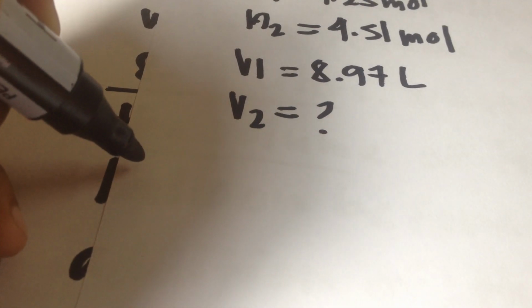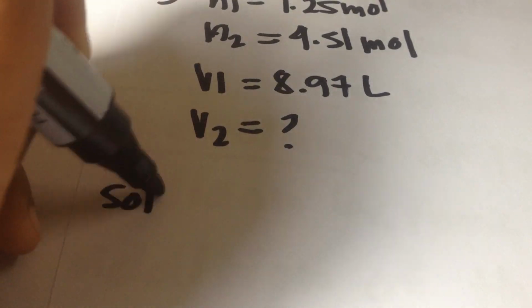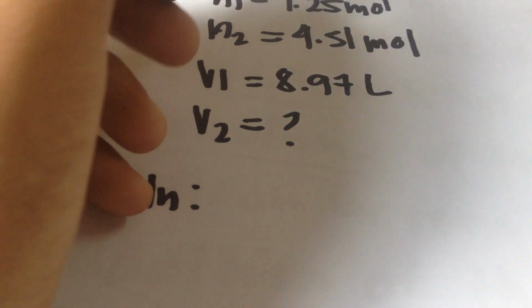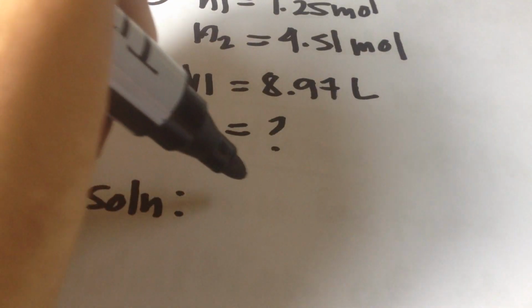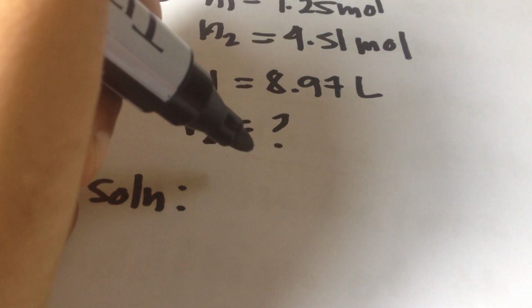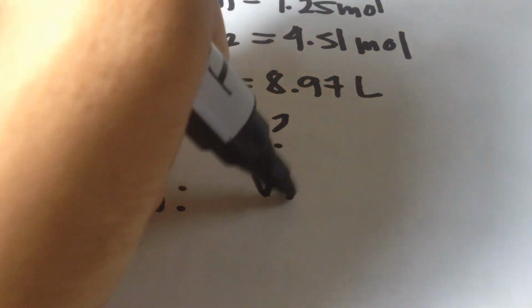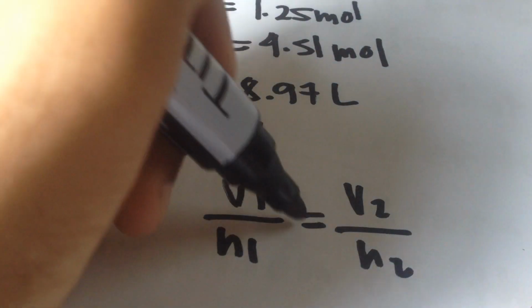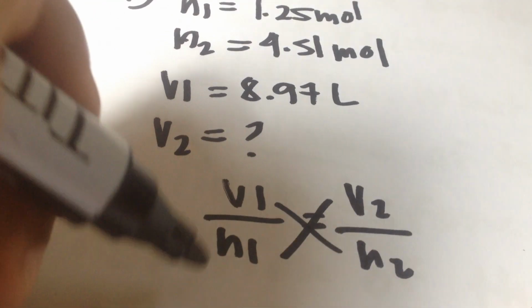Solution. The formula of volume, Avogadro's law, is V1 over N1 equals V2 over N2. So you need to cross multiply.